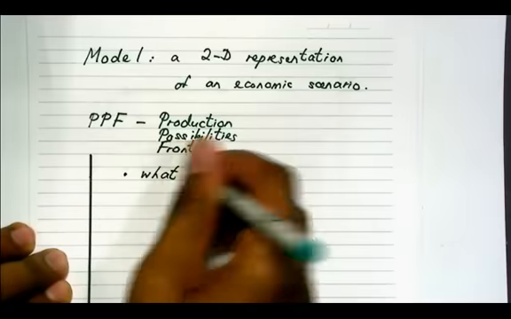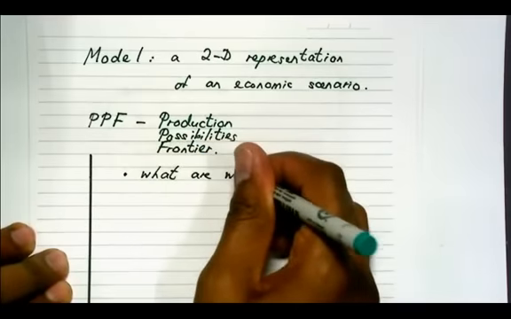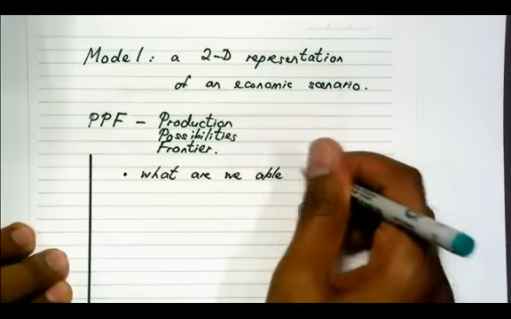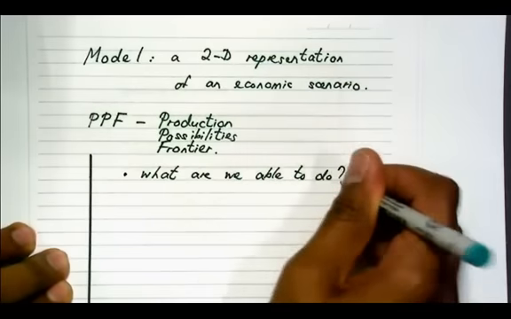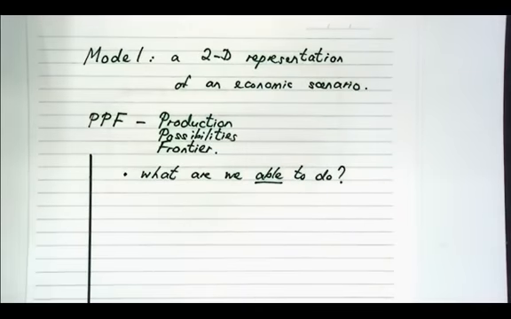What is our economy able to perform? So it's not about consumption, not about what we want as such. Frontier implying there's a boundary, there's a limit. Because we can't have everything, because resources are limited.